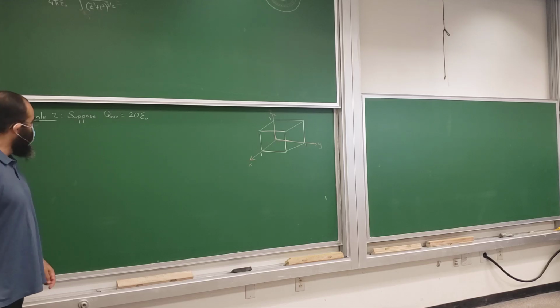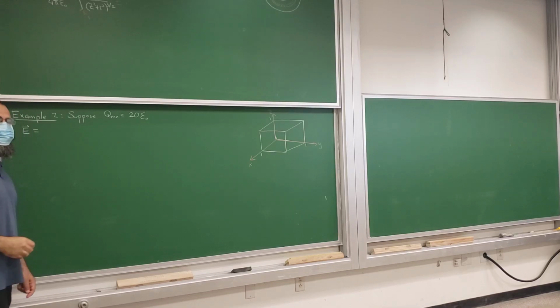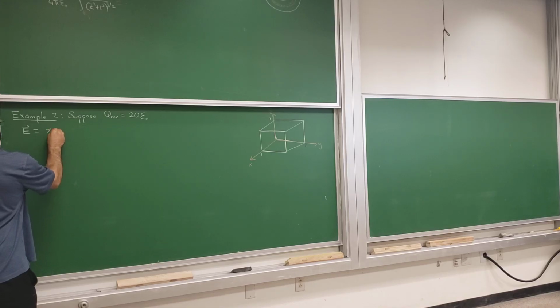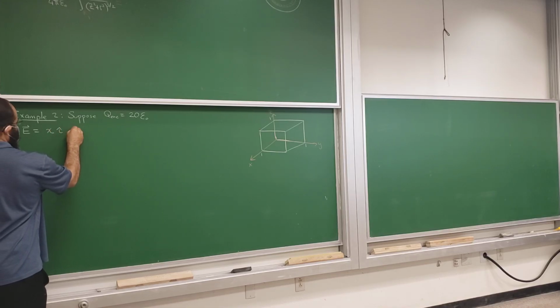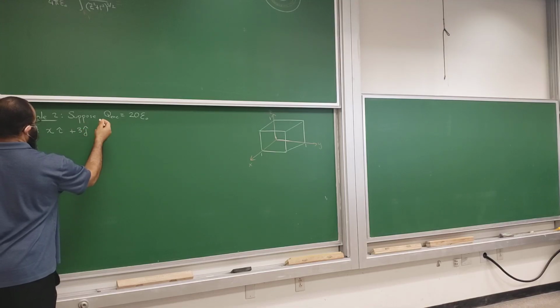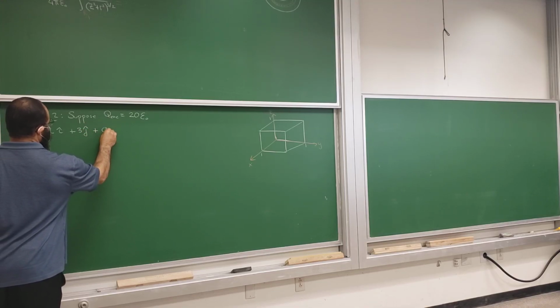And let's say the electric field is given by x times i hat plus 3 times j hat plus some constant a times k hat.